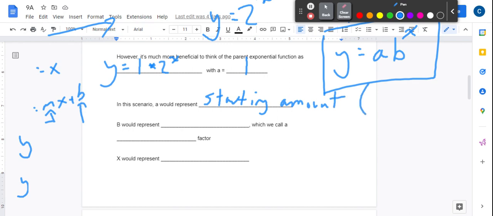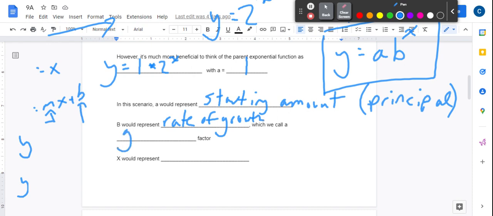With money, a lot of times that's called the principal. So it's the amount that you're starting with. Our b is going to represent our rate of growth, which we're going to call a growth factor.